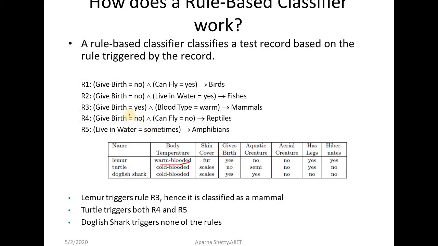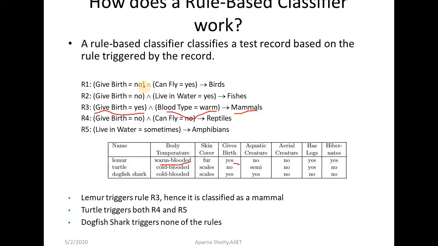Gives birth is yes. Actually here it has to be body temperature, not blood type. Body temperature is equal to warm. So it satisfies both the conditions, so you can classify it as mammals.